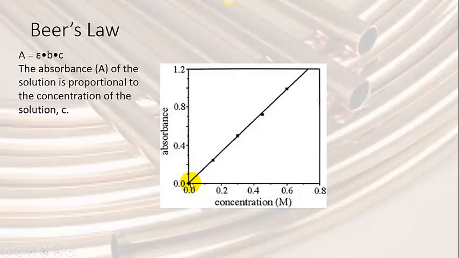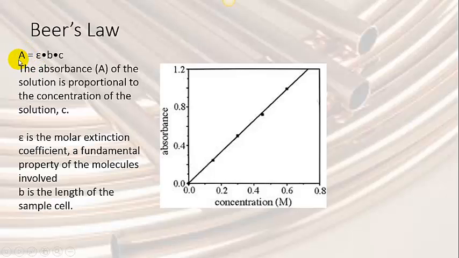So in this case, we have 5 points, 1, 2, 3, 4, 5, of concentration, and then how much light it absorbed. And this is proportional. We talked about the absorbance, we talked about the concentration. These other 2 variables are constants. Okay?